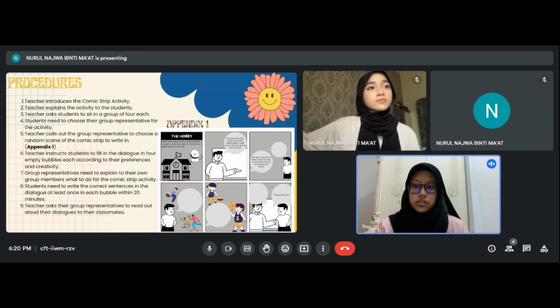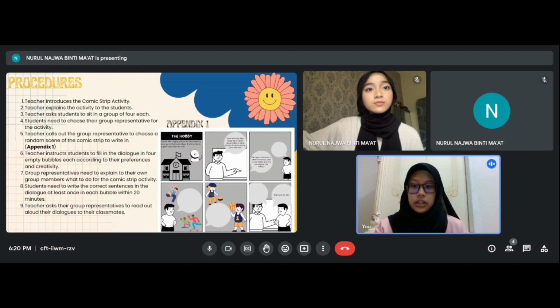The teacher instructs students to fill in the dialogue in four empty bubbles, according to their preference and creativity. The group representative needs to explain to their group members what to do. Students need to write correct sentences in the dialogue at least once in each bubble within 20 minutes. The teacher asks group representatives to read out their dialogues to the classroom.